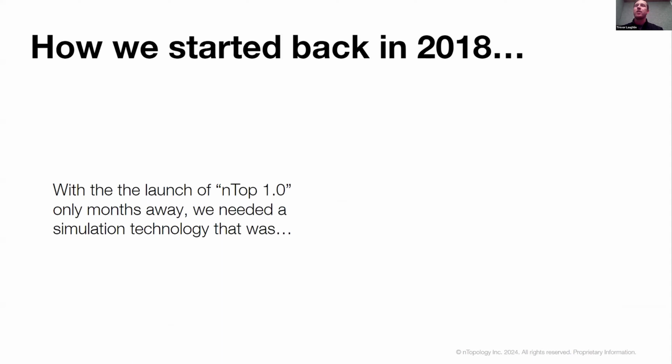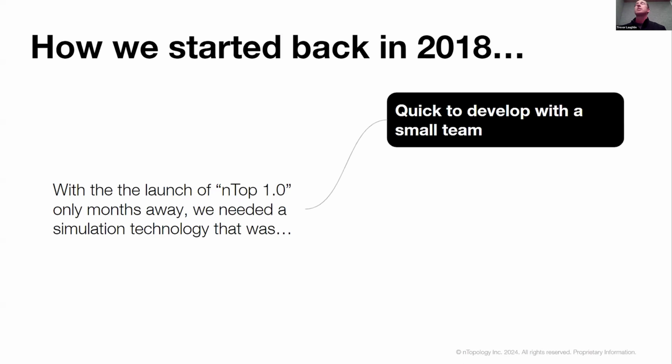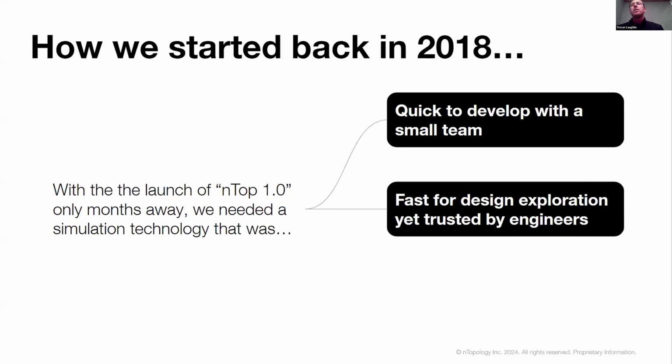And so, okay, I went through the whole build-buy-partner exercise, thinking about it. At the time we knew there were 3 things that were really important to us. One was that we needed to do something relatively quick to develop, and we had a very small team and a short amount of time. The other part was, with nTop, we have simulation tools built in, but we're not a validation tool, right?